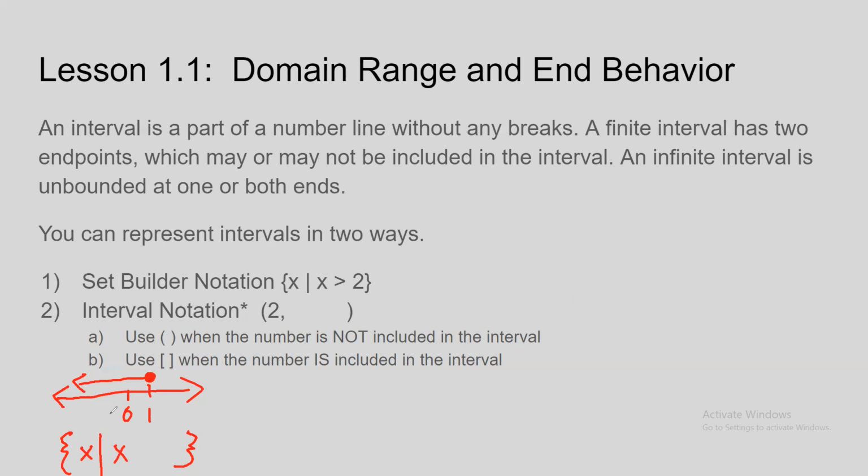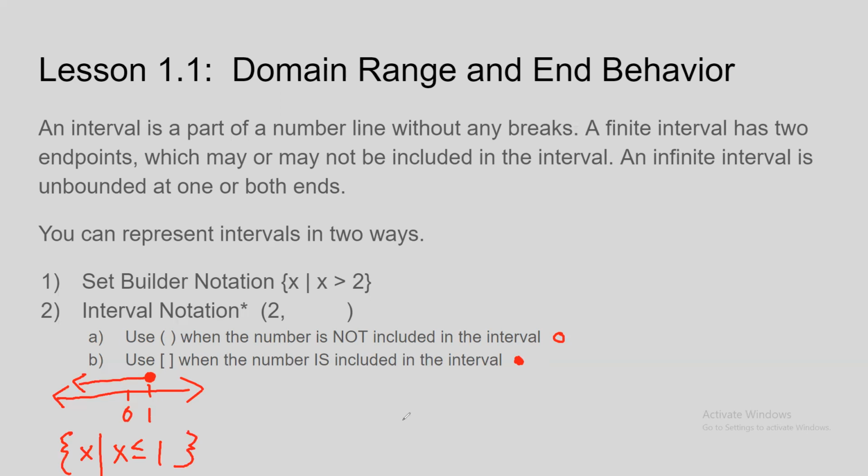What's my inequality here? Less than or equal to 1, right? Because in my closed circle, that means that number is included. That's a closed circle, and that's an open circle. Parentheses means not included, an open circle. Brackets means included, a closed circle.